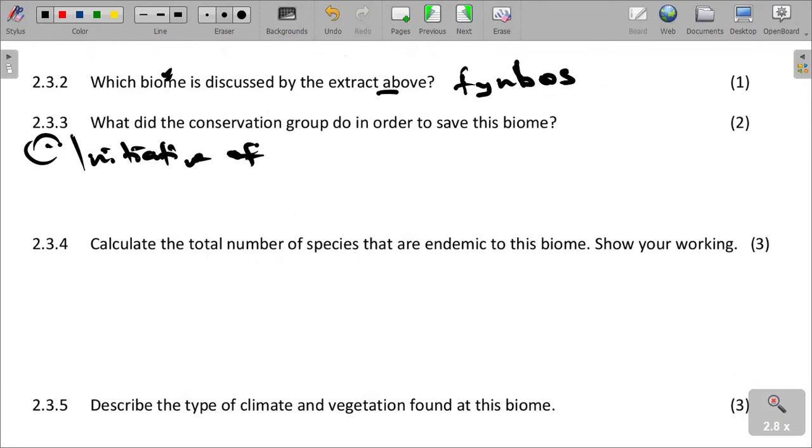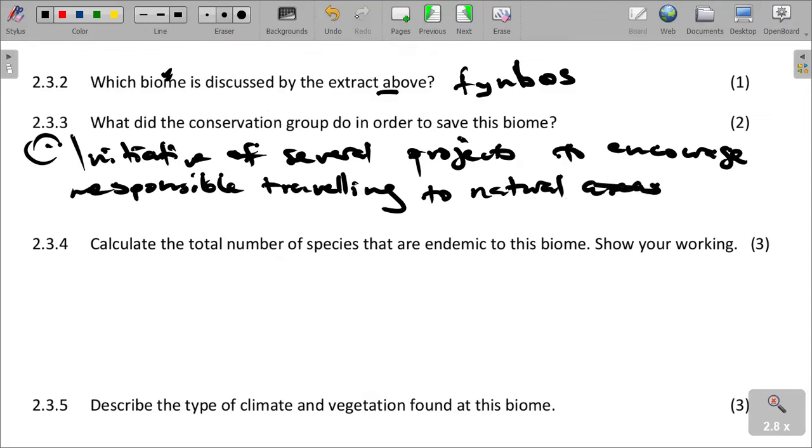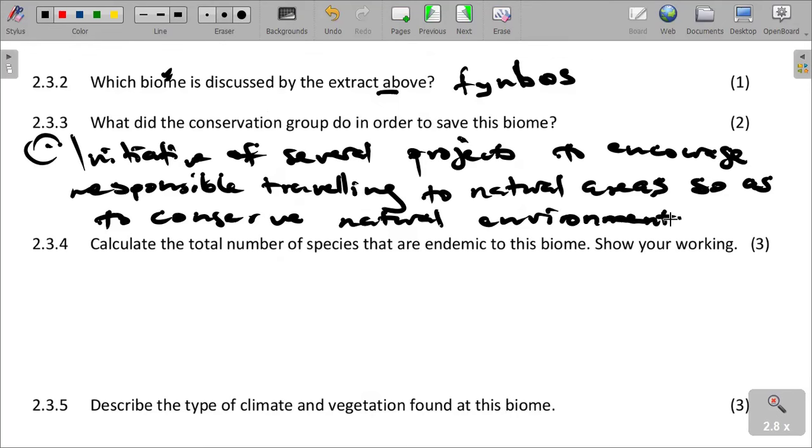The initiative of several projects to encourage responsible traveling to natural areas, so as to conserve the natural environment.